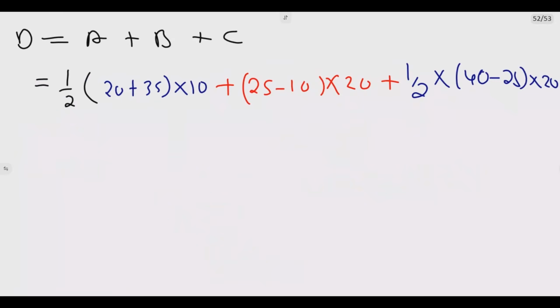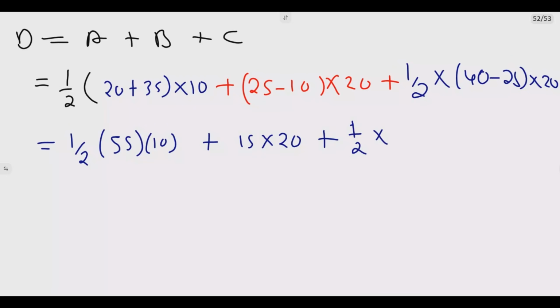Then at this point we just simplify this. So it's going to be half times 55 times 10, and plus this is going to be 15 times 20, then plus half times 15 times 20, like that. That's what we're going to get.